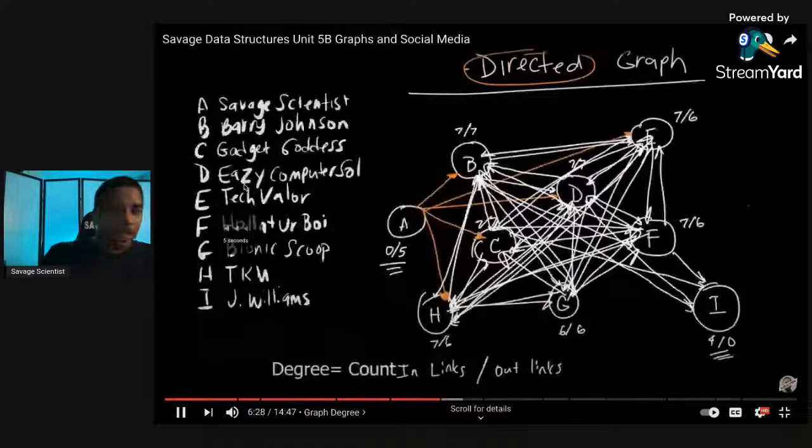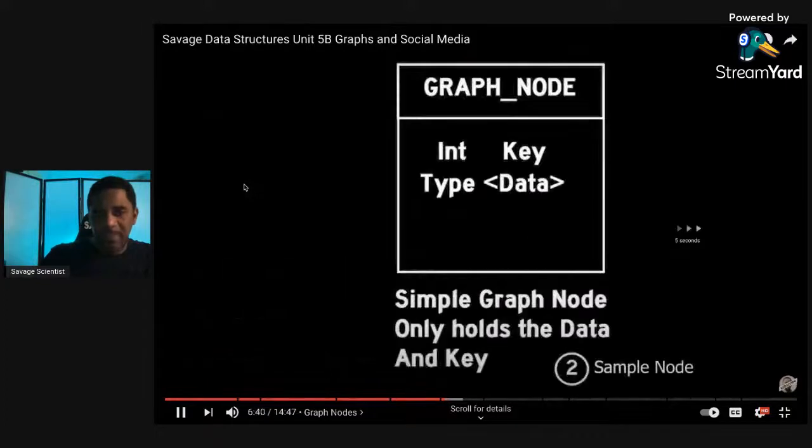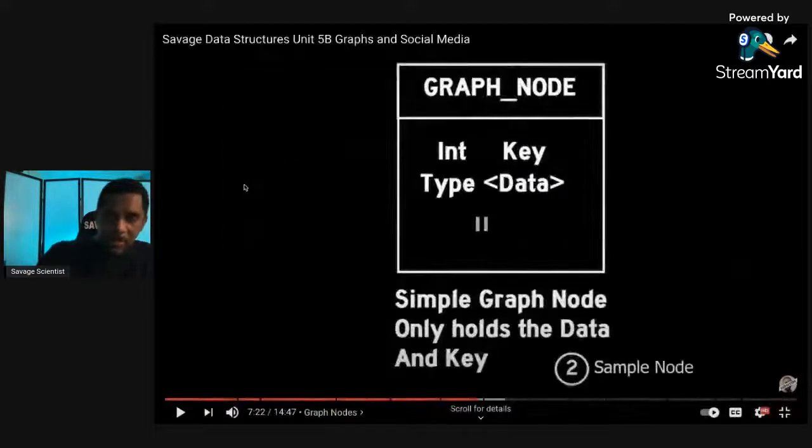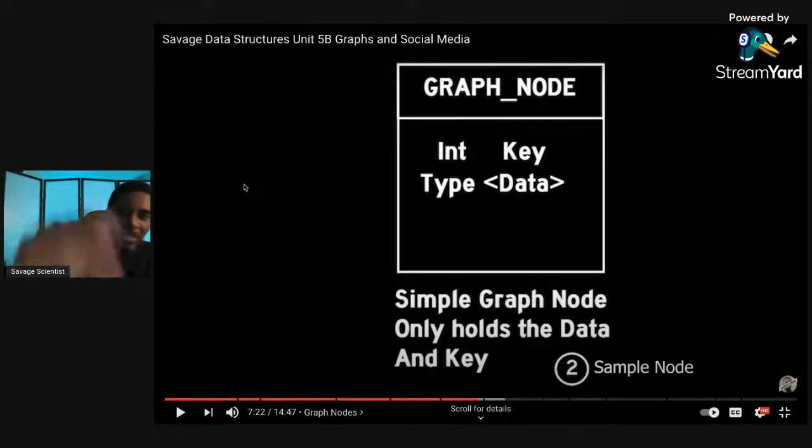So this is that node stuff I was talking about earlier. There you have the key and the data. A node is just a representation of the data. Right there it says type. We're going to have some type that could be integer or any other type of data that we put in there, even classes. And the key is the value or the character representation.